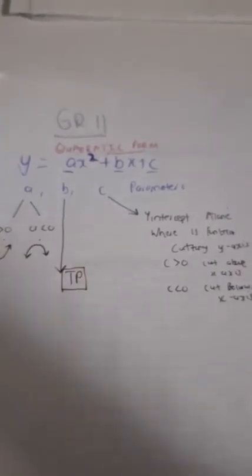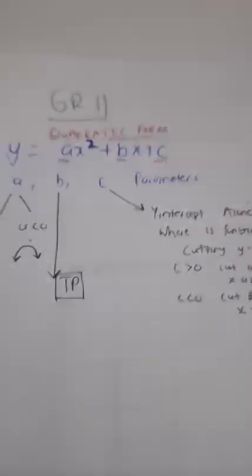B has an effect on the turning point. But for a moment, guys, I want us to explore a few avenues here so that we can have a bigger understanding of what this b value does.